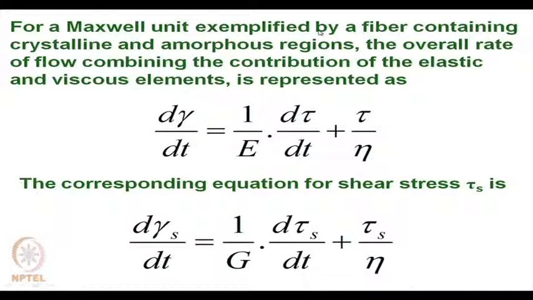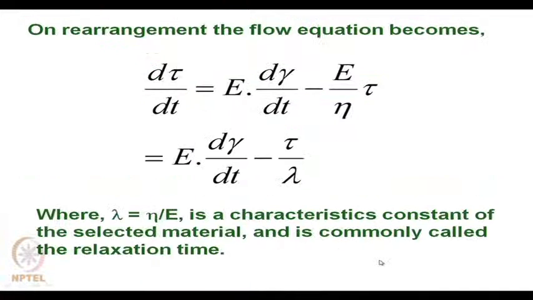For a Maxwell unit, exemplified by a fiber containing crystalline and amorphous regions, the overall rate of flow combining the contribution of the elastic and viscous elements is represented by this equation. This is the elastic element, this is the viscous element, and the corresponding equation for shear stress tau s is given by d gamma s/dt = (1/G) d tau s/dt + tau s/eta.